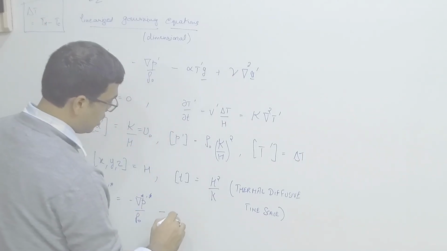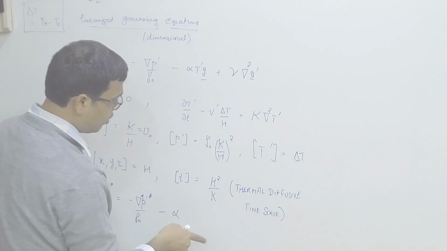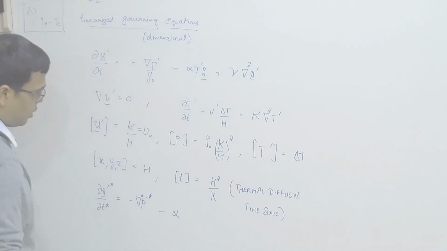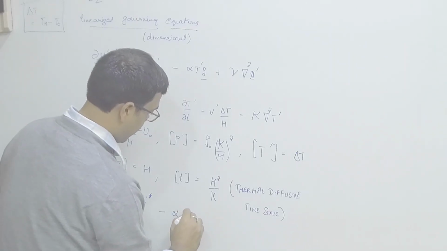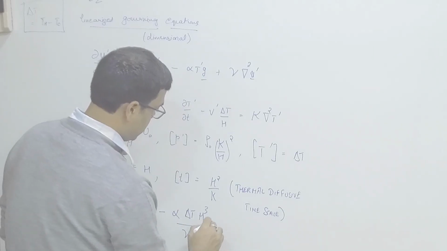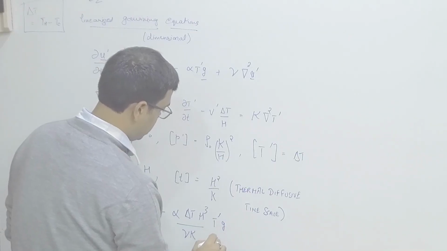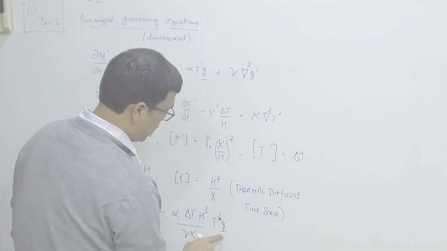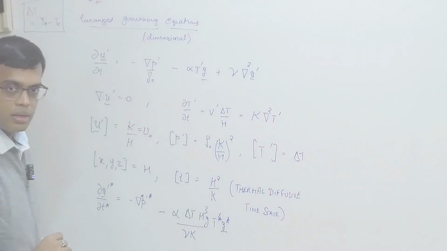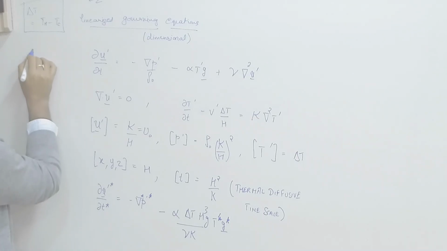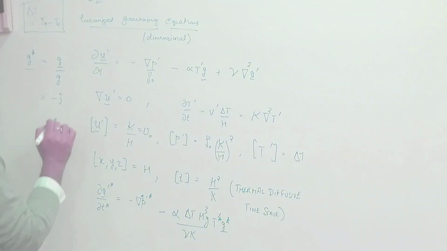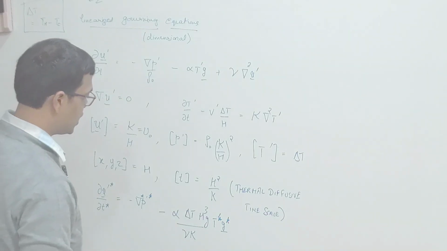Minus alpha, what was that which we called Rayleigh's number? alpha delta T H cube by nu into kappa, T prime star, g vector. And then I can write the g vector as g star multiplied by g. So g star is simply minus j cap. Non-dimensionalized g star is this.